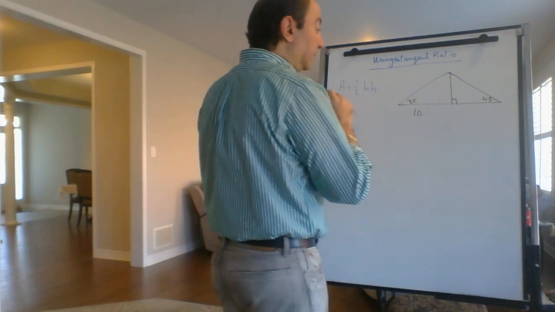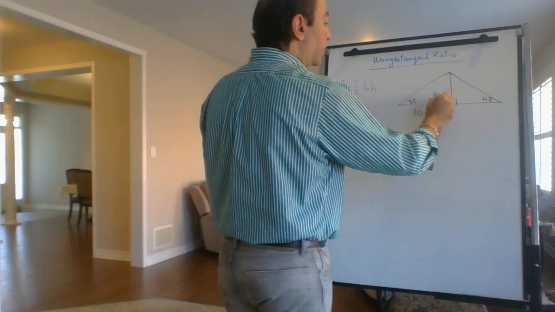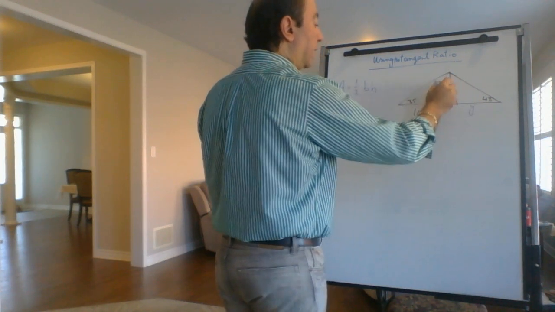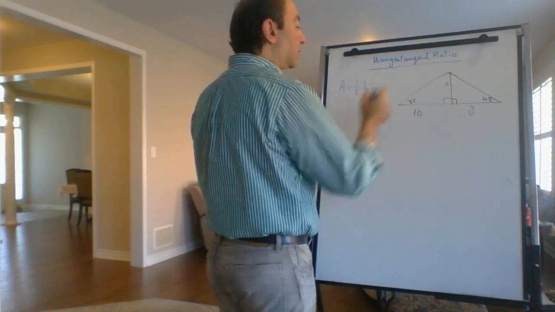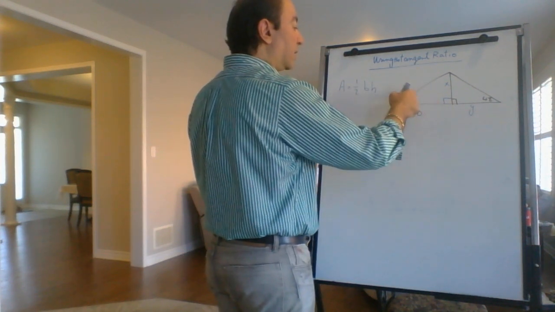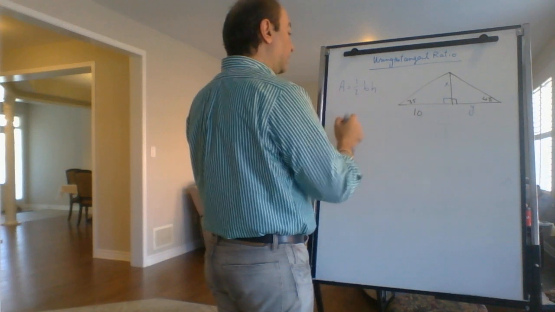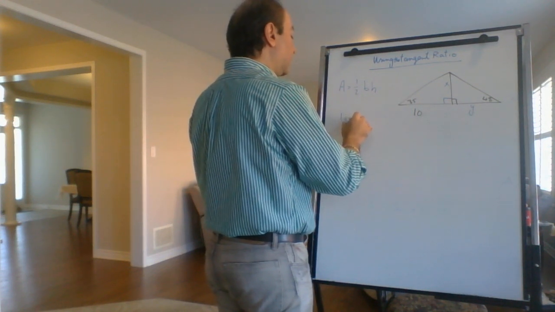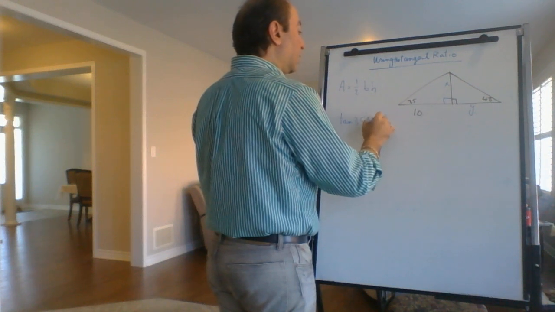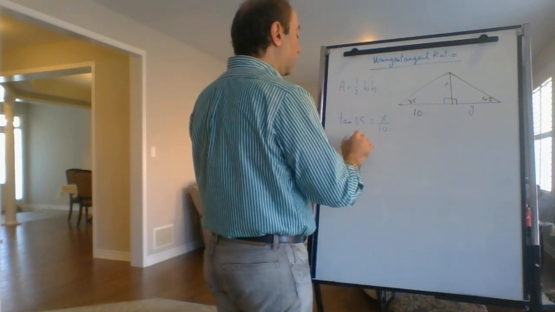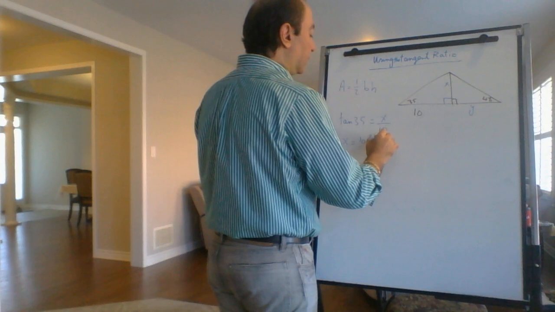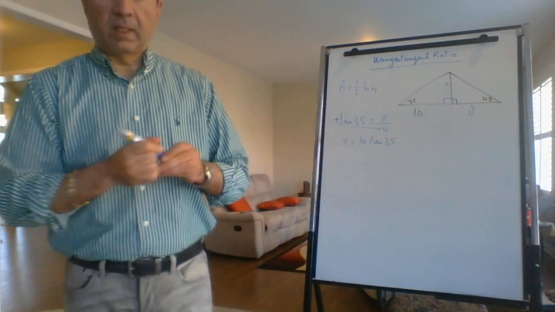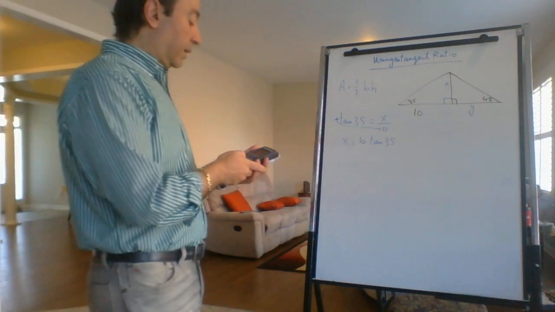So from this triangle, if we say this is x and this is y, I can find the height because it's in a right triangle and it's opposite, and I know the adjacent, so I can say tan 35 equals x over 10. So x equals 10 tan 35.